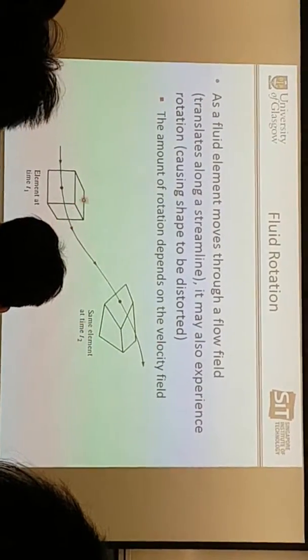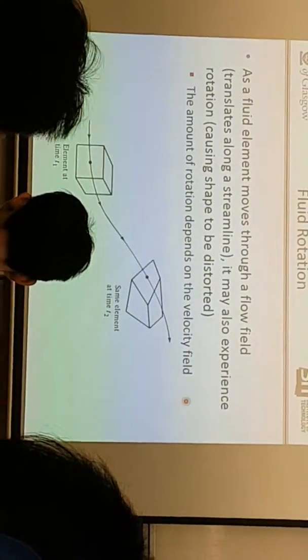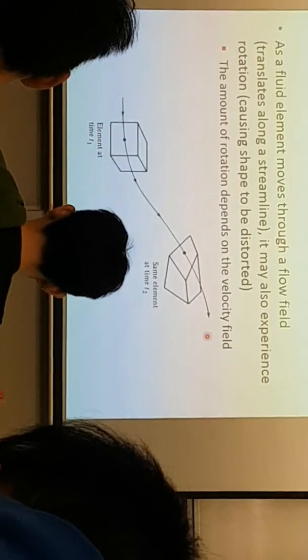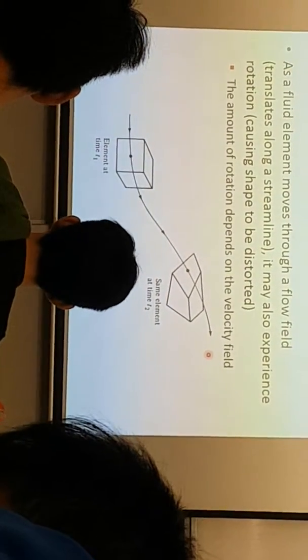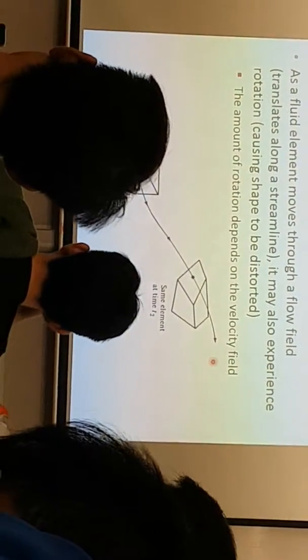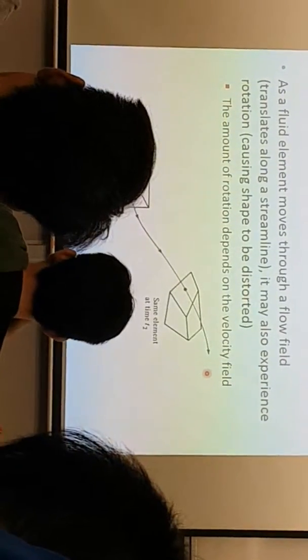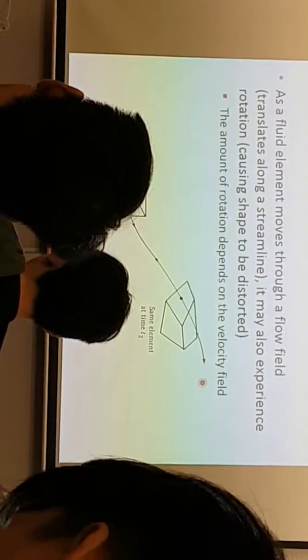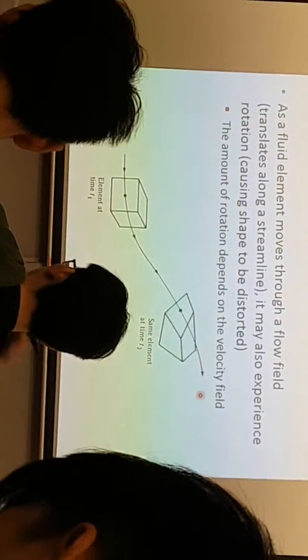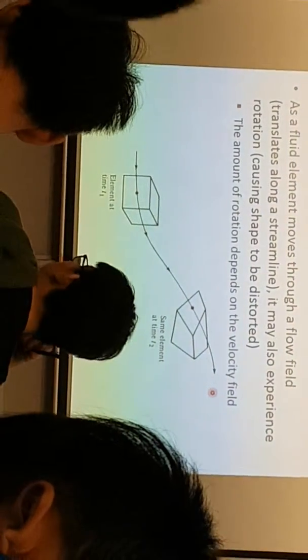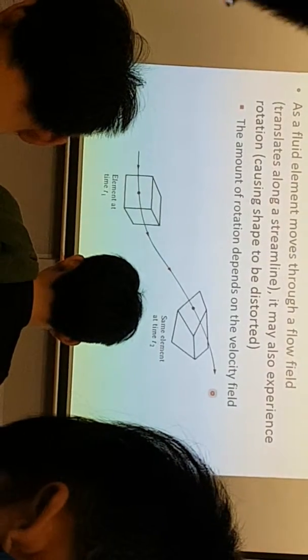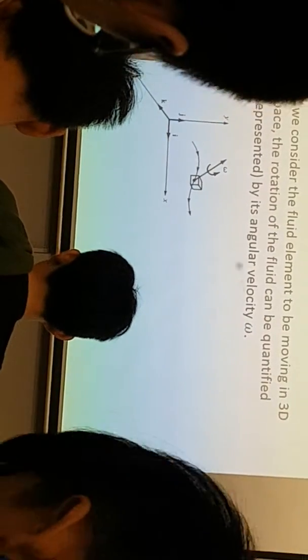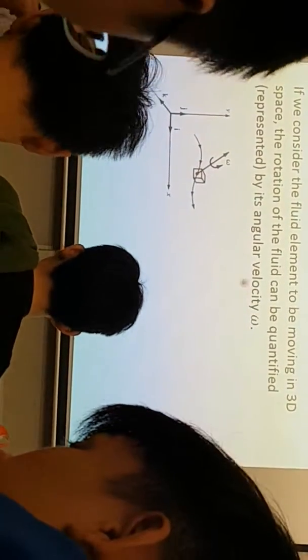So when there's a rotation, how do we quantify rotation? Anybody know? If I move on a straight line, my velocity is my linear velocity. But if I move in a rotational motion, what kind of velocity do we have? Angular velocity, correct? So when we have a rotational motion, we can quantify that by using this thing called omega.